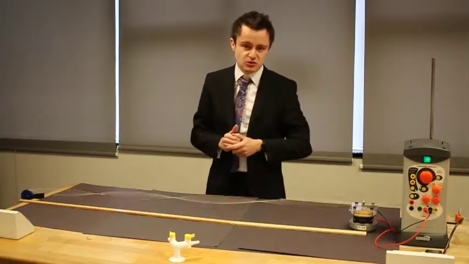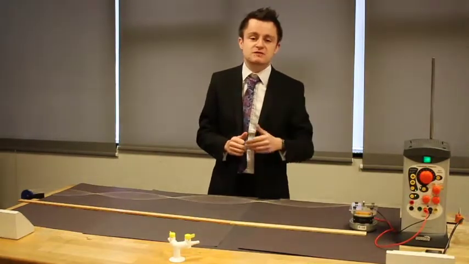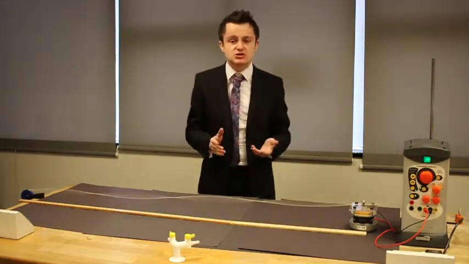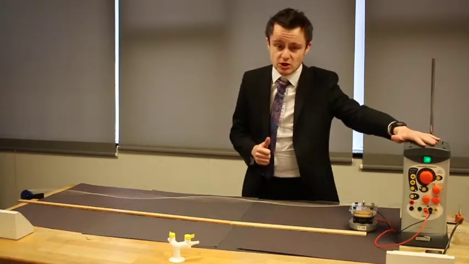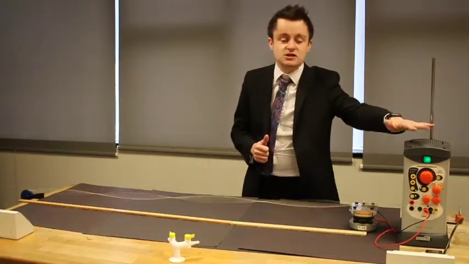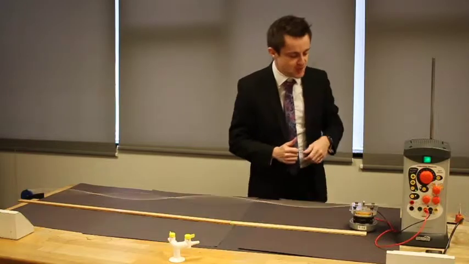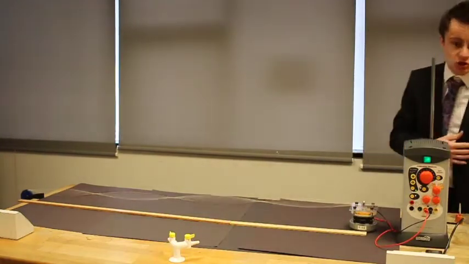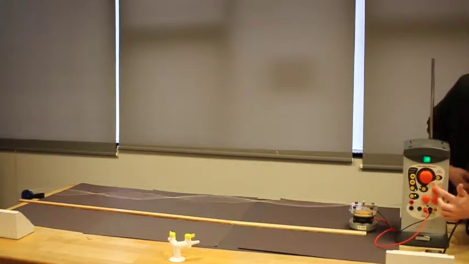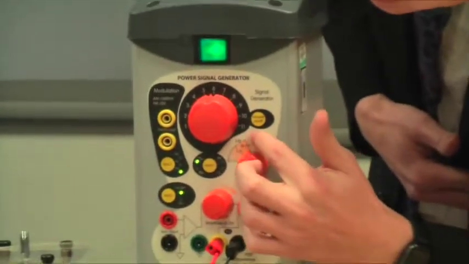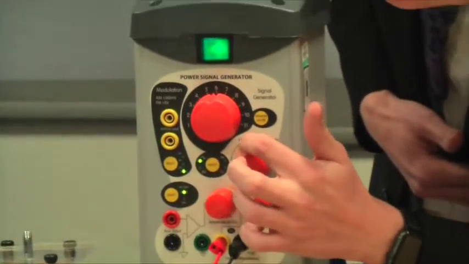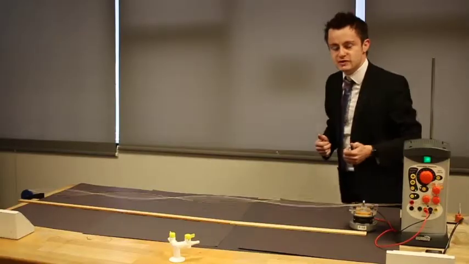The second measurement that we need to make is the measurement of the frequency, and that is just as simple as reading the frequency off this piece of equipment here, which is called the signal generator. The signal generator has got two main dials on it. We've got this one here, which is the range, which is currently set to 10 to 110 Hertz.